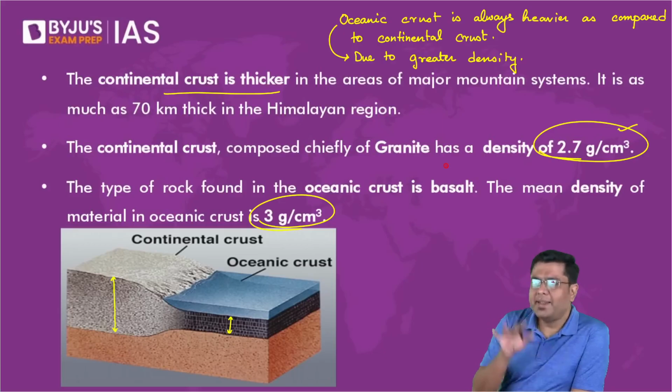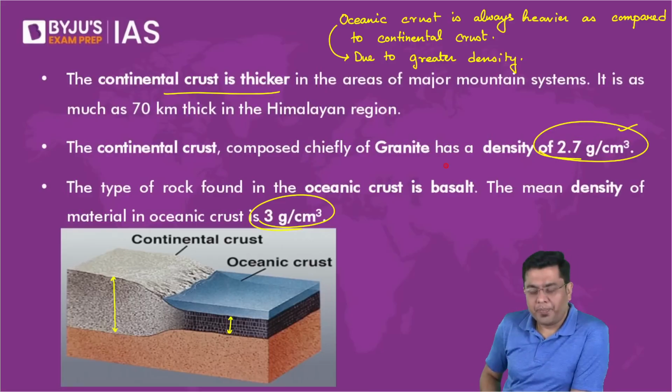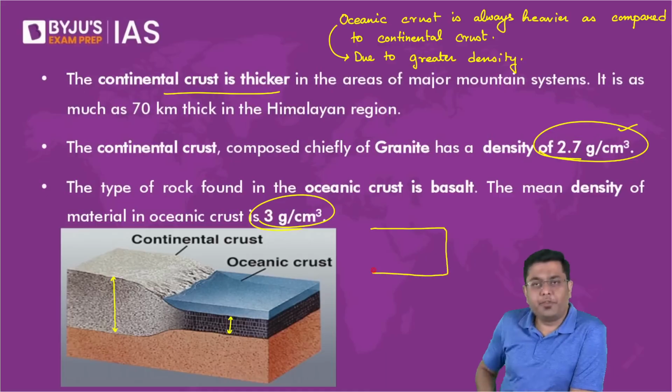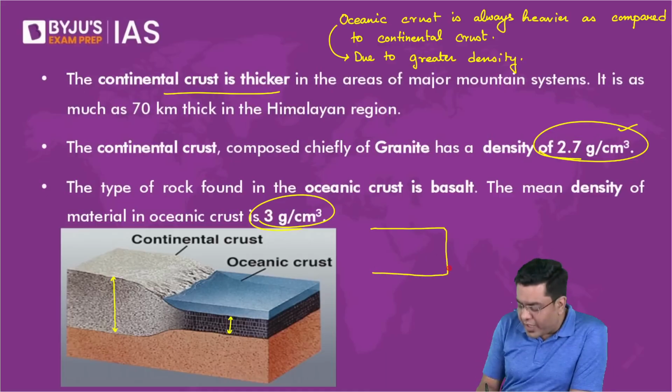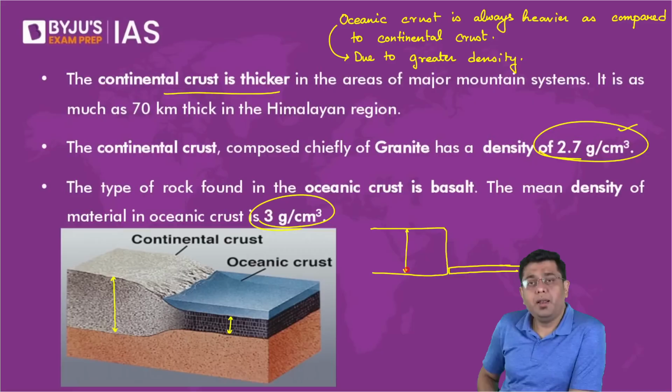To understand this, take a simple analogy of thermocol and iron. So let's say you take a larger block of thermocol, and you take a thin sheet of iron or steel. Now, despite the fact that the thermocol is very thick, still, as compared to iron, which will be heavier?